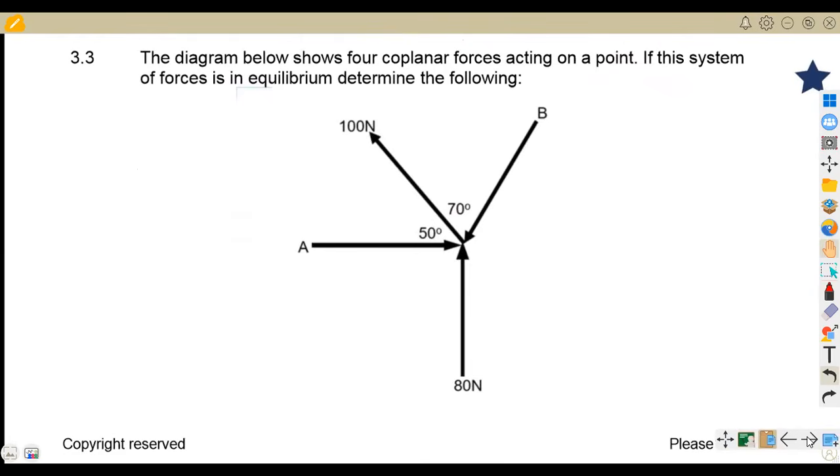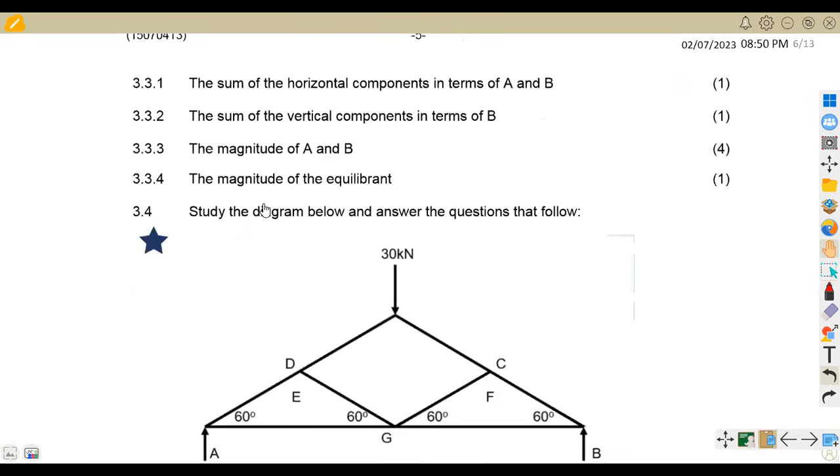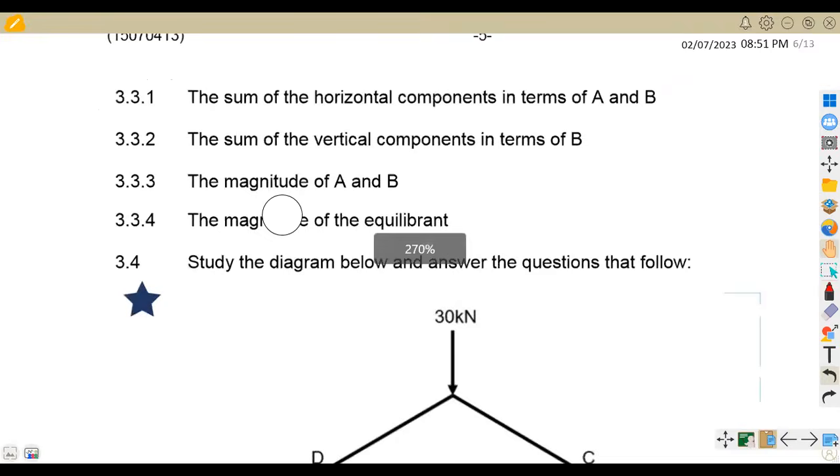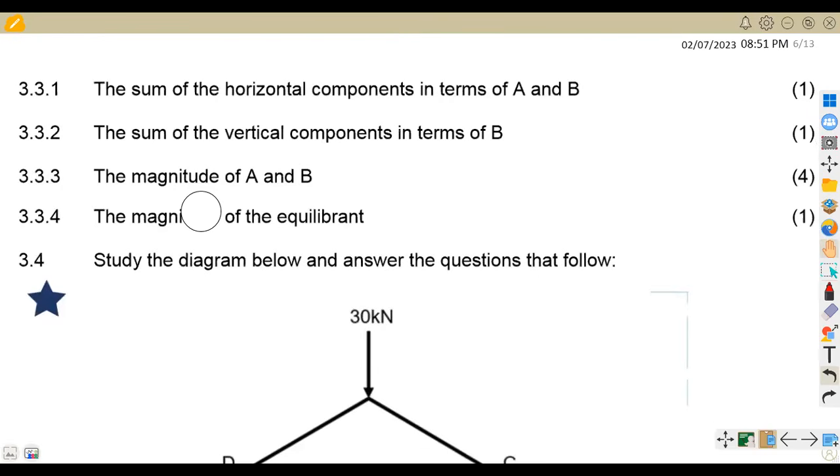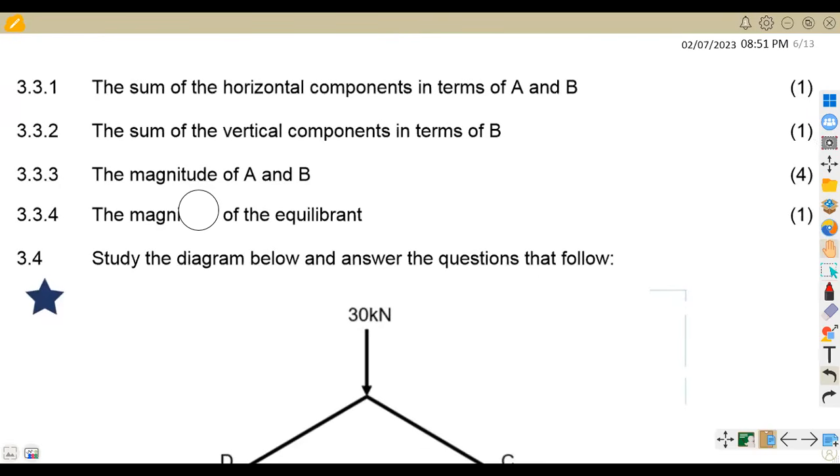Okay, so what is it that we are supposed to determine? Let's check the other part of the question. 3.3.1, that's the sum of the horizontal components in terms of A and B. What is the sum of the horizontal components in terms of A and B?